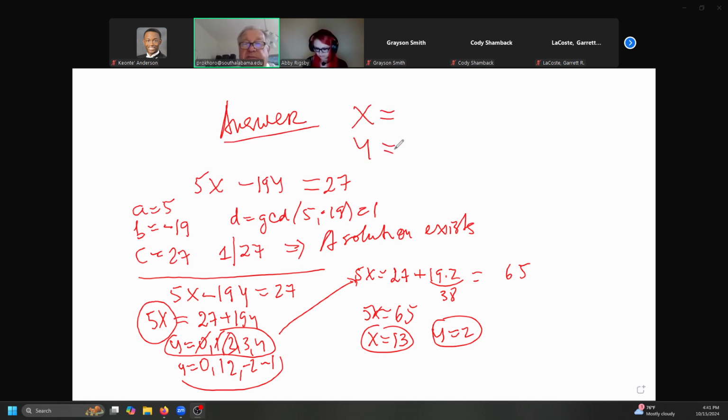So now the right answer. The formula is x equals x naught plus bt, y equals y naught minus at. So x naught is 13, plus b, where b equals negative 19: x equals 13 minus 19t, and y equals 2 minus 5t, where t equals 0, plus or minus 1, plus or minus 2.